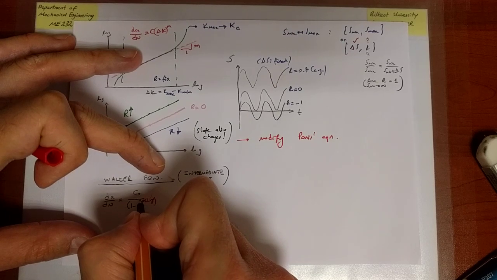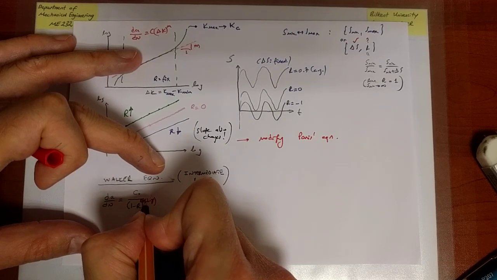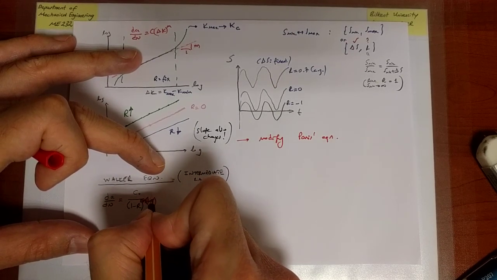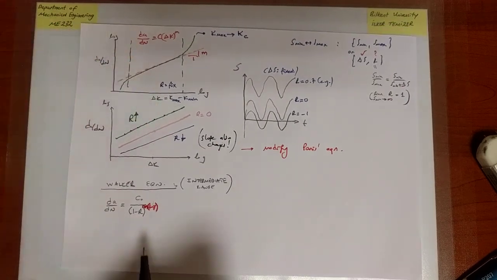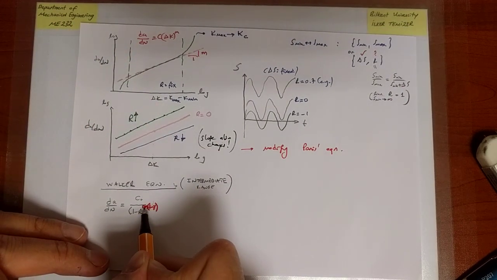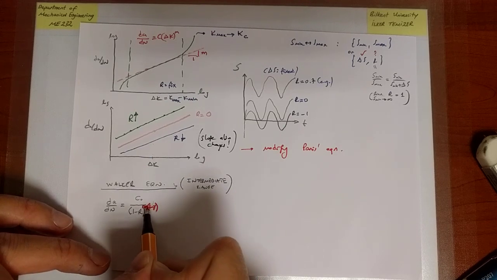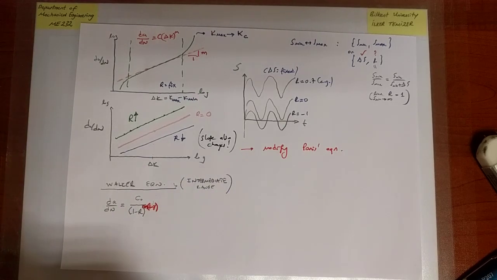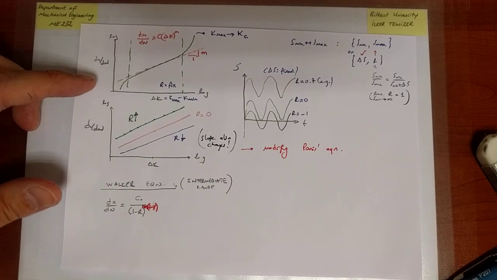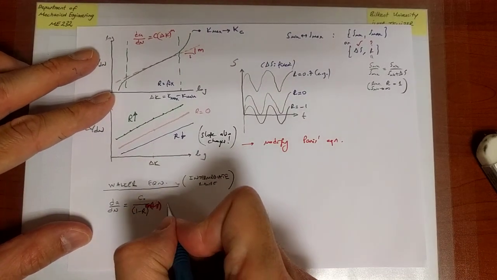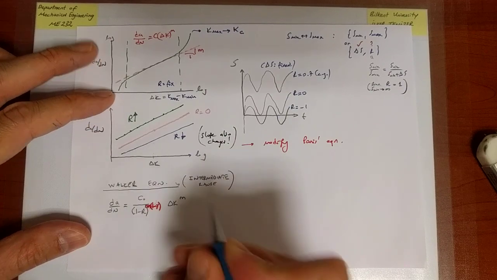So this is an exponent m, but the exponent is additionally multiplied by a quantity 1 minus gamma. So the whole exponent is m times 1 minus gamma. C0 over (1 minus R) to the power m times (1 minus gamma) is the factor that we have, and everything multiplies delta K to the power m.